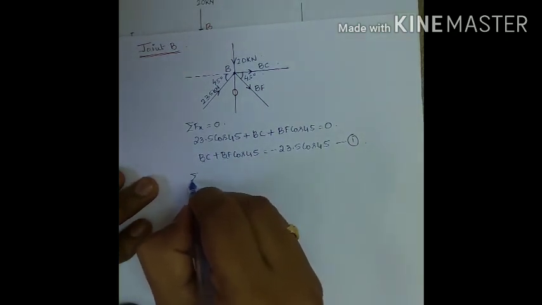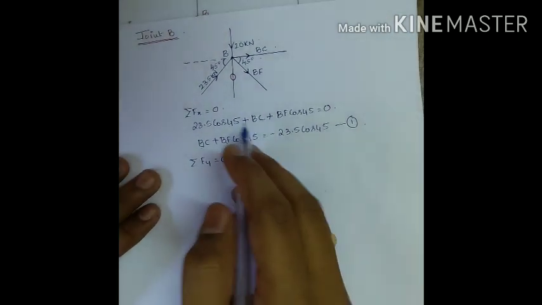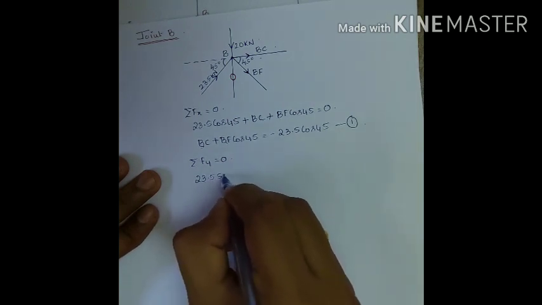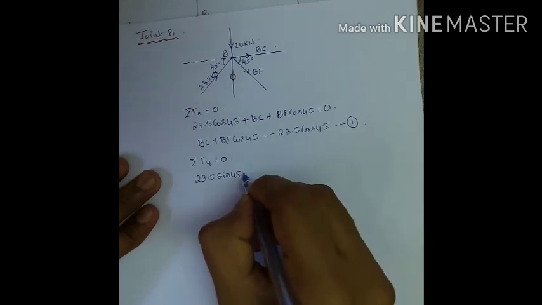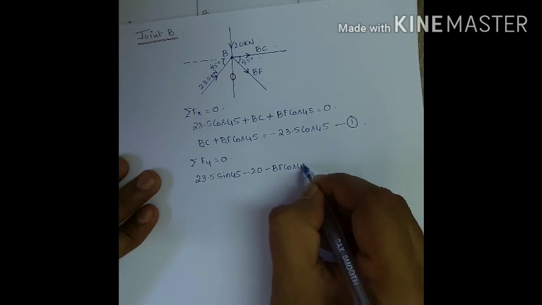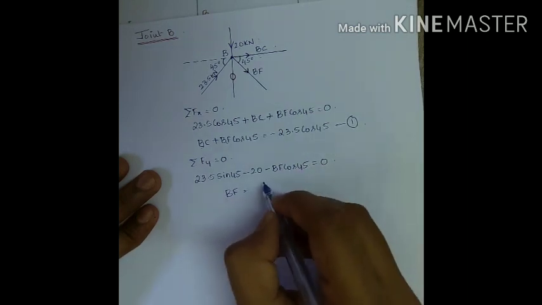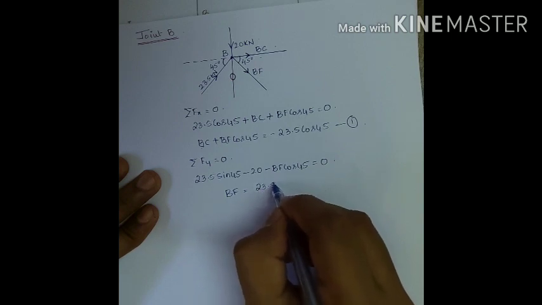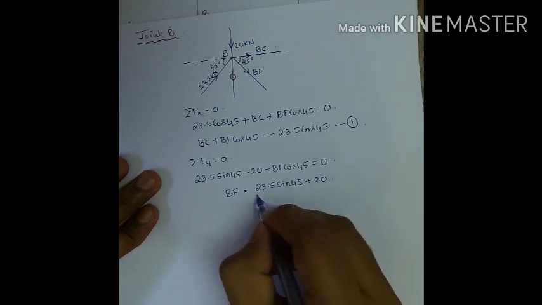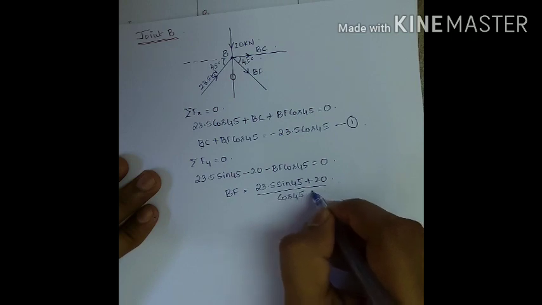So now taking summation of Fy is equal to 0. Taking vertical forces, it will become 23.5 sine 45 minus 20 minus BF cos 45 is equal to 0. Therefore BF is equal to 23.5 sine 45 plus 20 divided by cos 45.